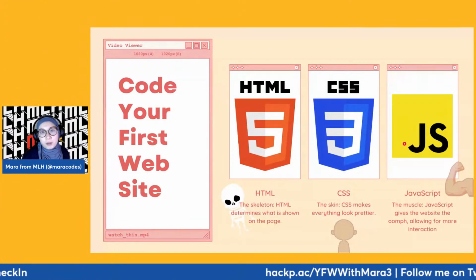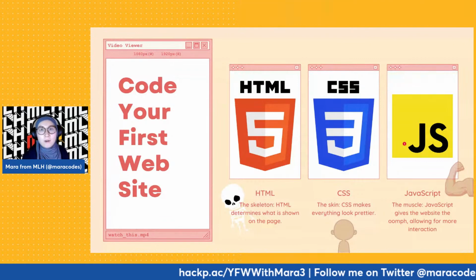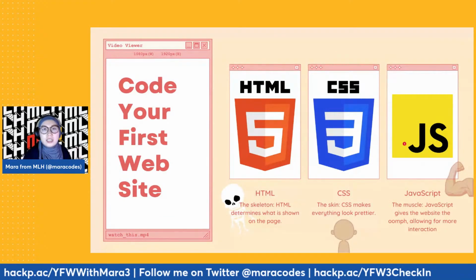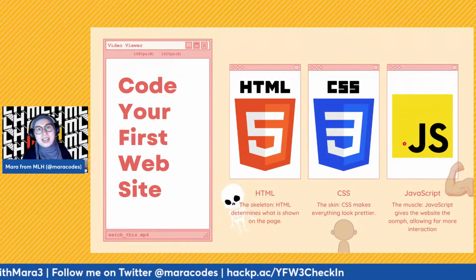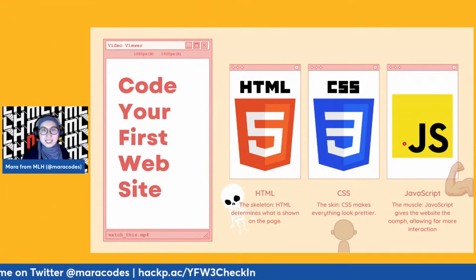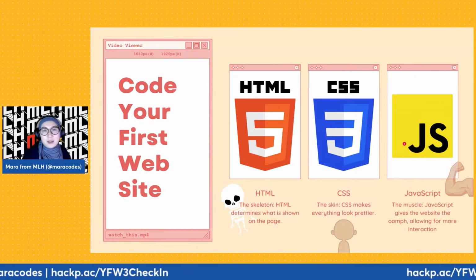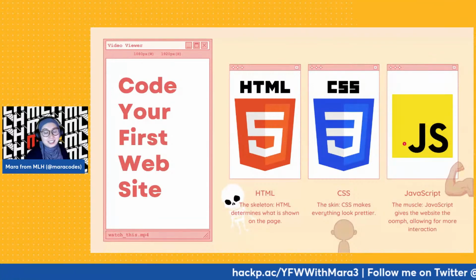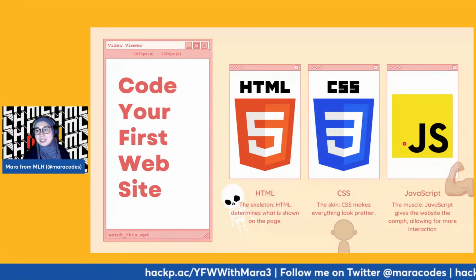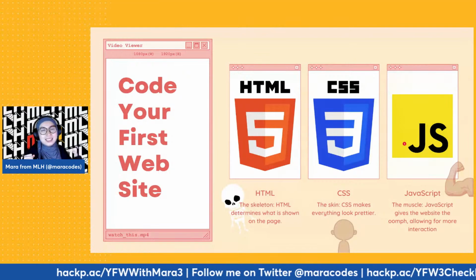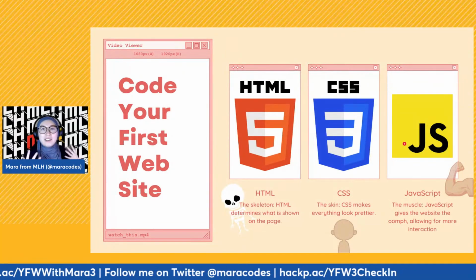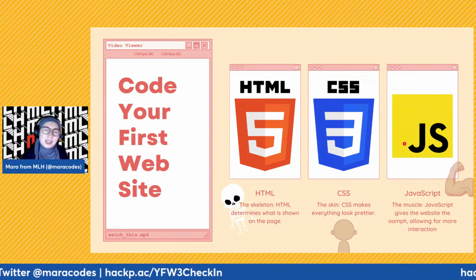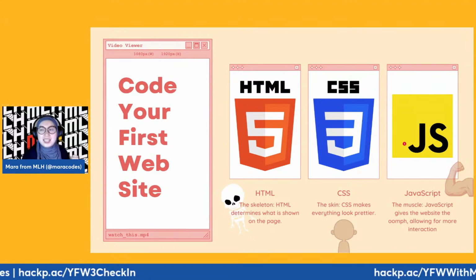That's what's going to make it look prettier. If you think of Fortnite or Valorant or Minecraft, you have skins in those games, different ways to change your characters so they look different, look nicer, whatever. The CSS is going to be the skin that you put on top of the skeleton to make it look prettier. Last but not least, we have JavaScript. JavaScript is the muscles. The muscles is really cool because it allows for more user interaction in your site. It allows you to beef up your website, give it a little oomph.